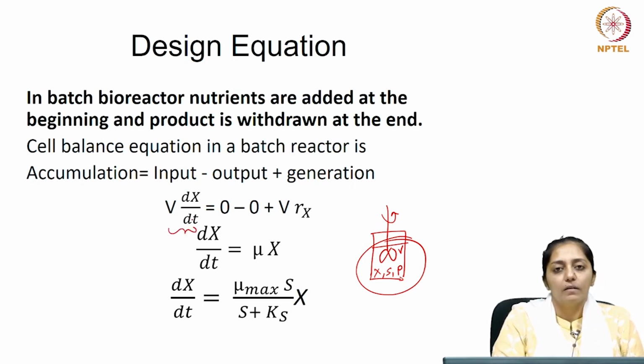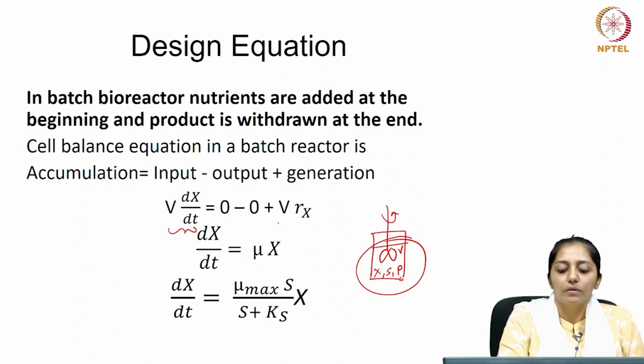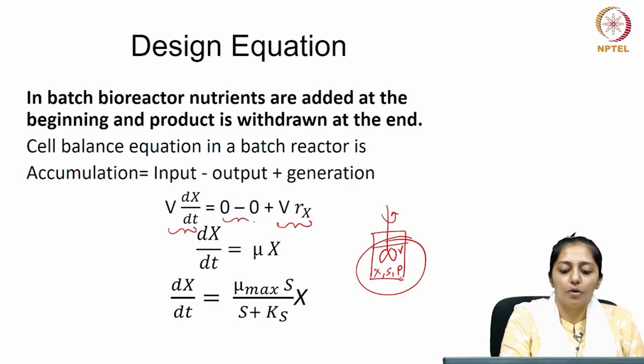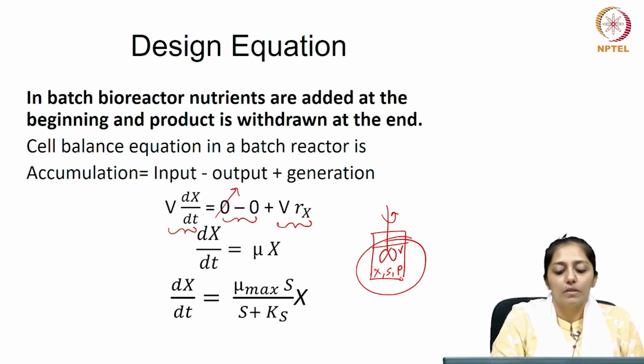which is on the RHS, becomes equal to the rate of growth of the biomass, which is shown on the LHS, in a reactor, especially in a batch reactor. And the terms which have been brought to 0 are the input term and the output term in the continuity equation.